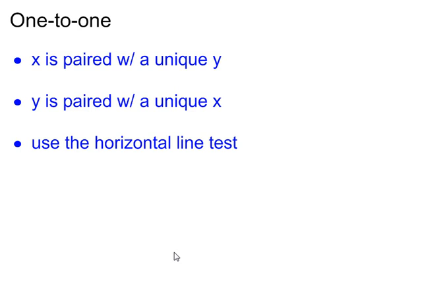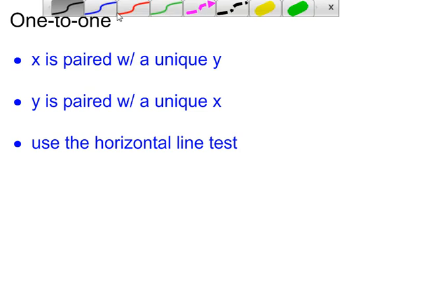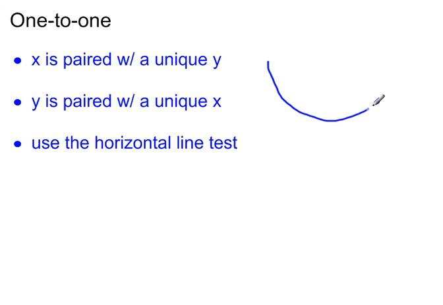The vertical line test tells us if a function is a function. The horizontal line test tells us if a function is a one-to-one function. So an example could be, let's say I have a parabola, which we all know is a function.